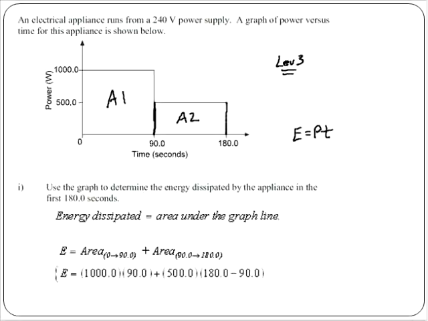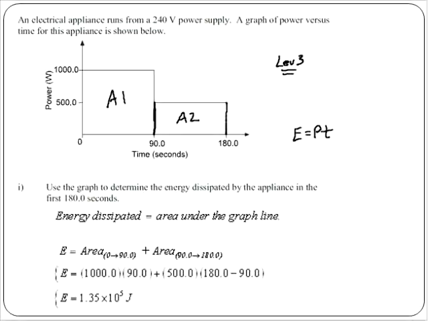So I've got 1,000, which is up to here, 1,000 times 90. That's the first area. And because that's watts times seconds, that's going to give me energy in joules. Then on the second part, it's only 500 high, but it's from 90 to 180, which is 90 long again. So I got 500 times 180 minus 90. Do that calculation, and there's your answer.